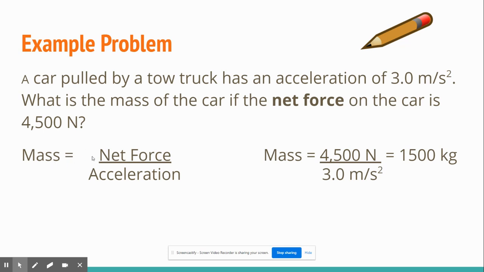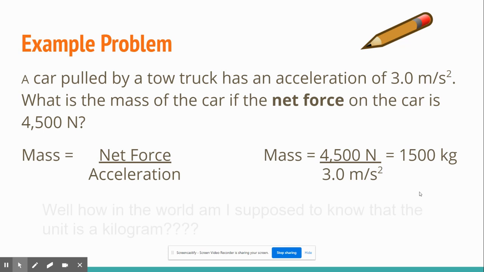And to solve for that, I take the net force, which is 4,500 newtons, and I divide it by the acceleration, which is 3 meters per second squared. And look at all that mess. But if we put this in your calculator, 4,500 divided by 3, we get 1,500.